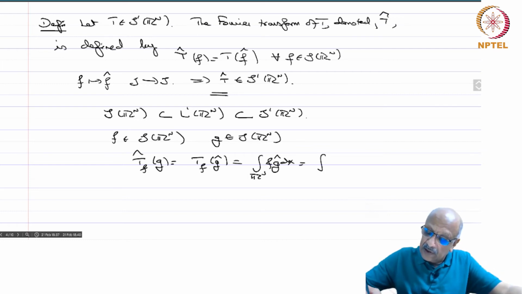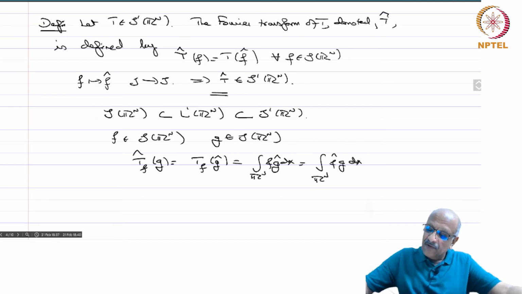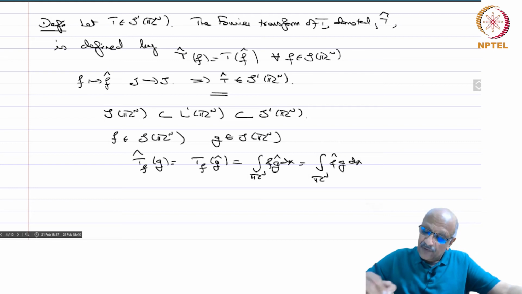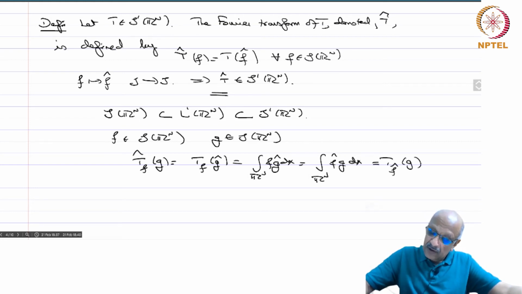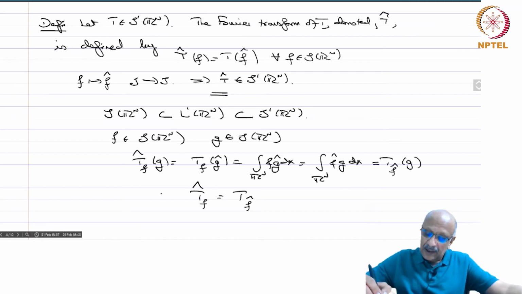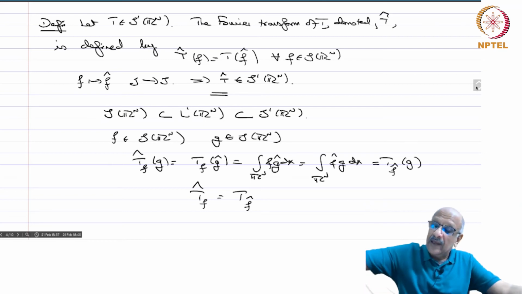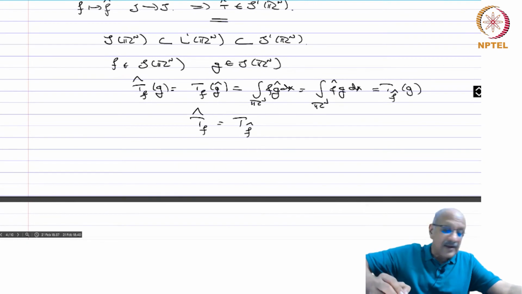This is equal to the integral over R^n of f hat g dx, and f hat is also in S, and therefore this is nothing but T_{f hat} acting on g. So T_f hat is nothing but T_{f hat}, namely if f is a function in S(R^n) considered as a tempered distribution, then the Fourier transform of it is nothing but the Fourier transform generated by the usual Fourier transform from L1. Therefore, there is no ambiguity, both definitions coincide, and that is fine.